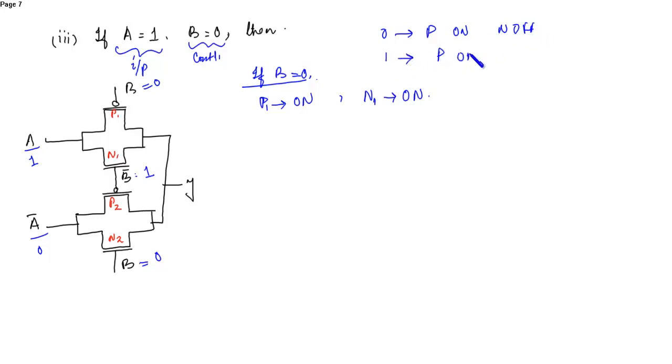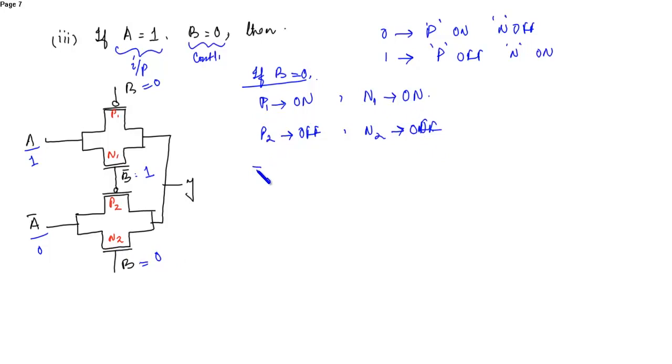At 1 the PMOS turns off and the NMOS turns on. Here 1 is applied at P2, so P2 will turn off. N2 will also turn off because here it is 0 applied at N2.